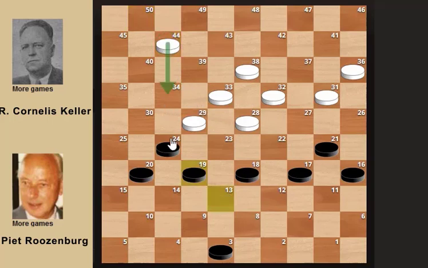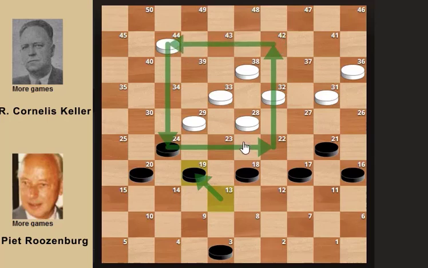So 50 to 44 was replied to by playing 13, 19. So 13, 19, if we draw the square, we see that we can also take 19, because the positions surrounding the vertex at 24 are 19, 20, 30, 29. So 13 can move to 19. So this is the move Roozenburg made.